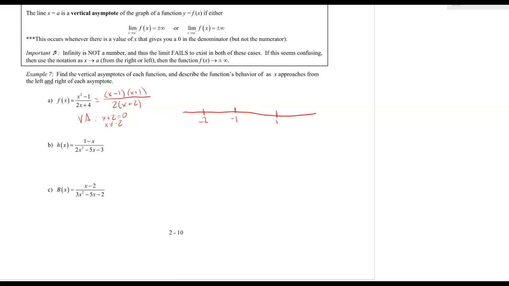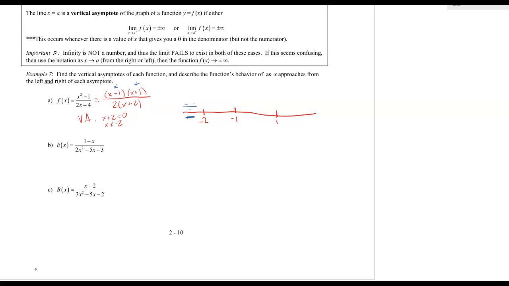no matter if it's in the top or in the bottom. So plugging in negative 3, for example, just picking some number over here, would give me a negative number in that factor, a negative number in that factor, all over a negative. So negative times a negative is positive, divided by negative again. All in all, over here is going to be negative.